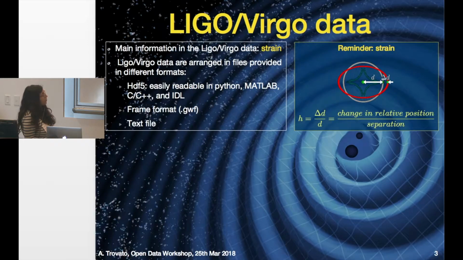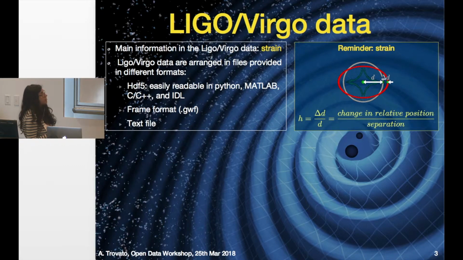Here you have already heard a lot about strain, but I put a reminder just in case. The strain is, of course, the main content of the data that you will find online. This data will be provided in three formats.